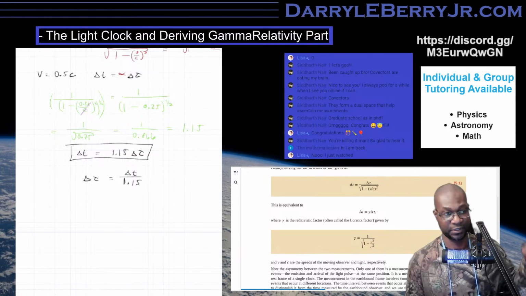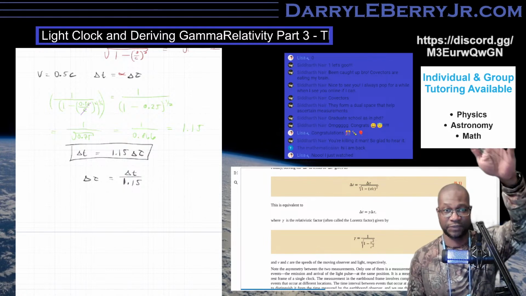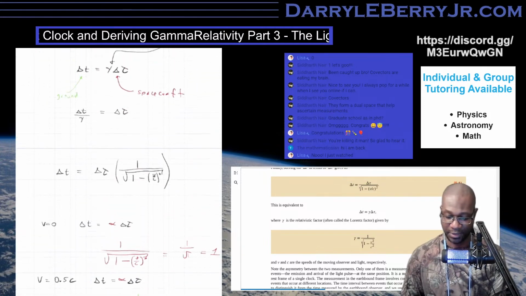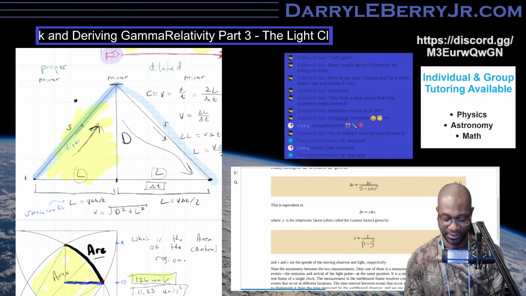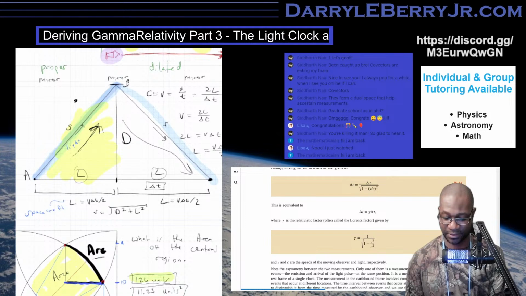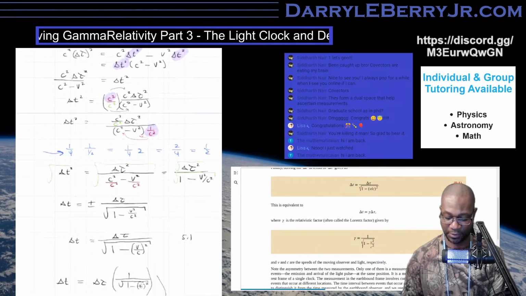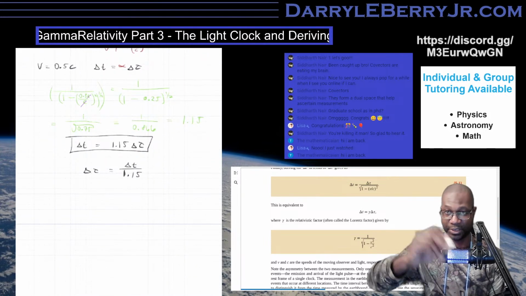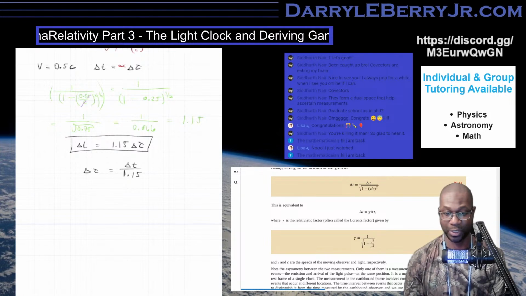If the spacecraft is so huge that it takes 15 minutes for the light to travel from A to B to C, as measured by the person on the ground, the person on the spaceship measuring the light go up and down will measure 15 minutes divided by 1.15.